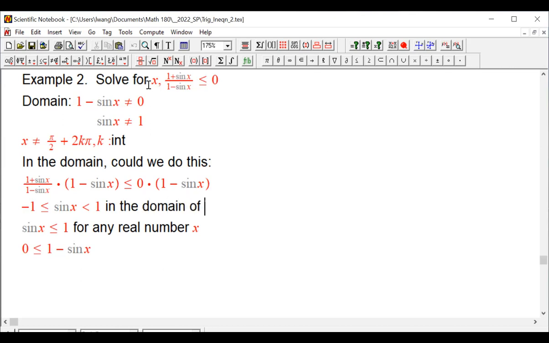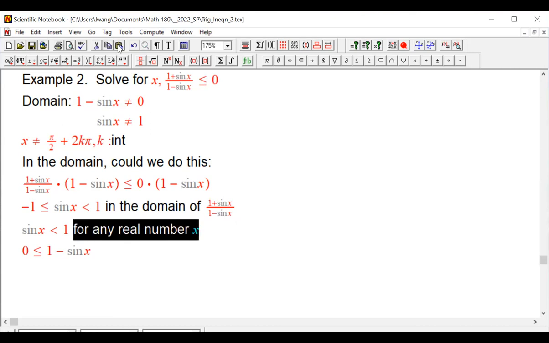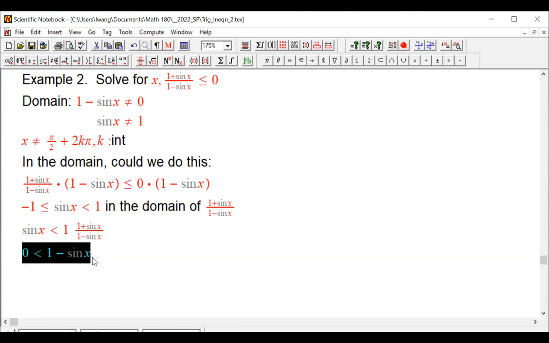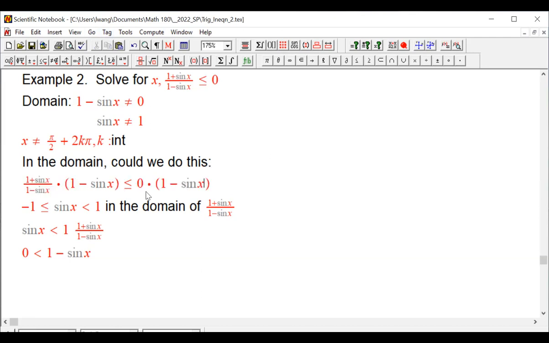In the domain of this quotient, because we rule out the possibility of equal to 0, this will be true. So 1 minus sine x is actually positive. If 1 minus sine x is a positive number, can we multiply this on both sides? The answer is yes, because we know the sign of this multiplier, which is positive.